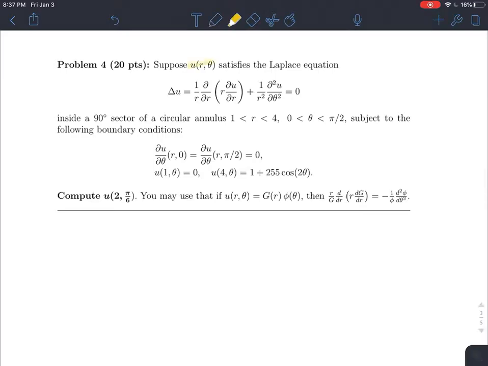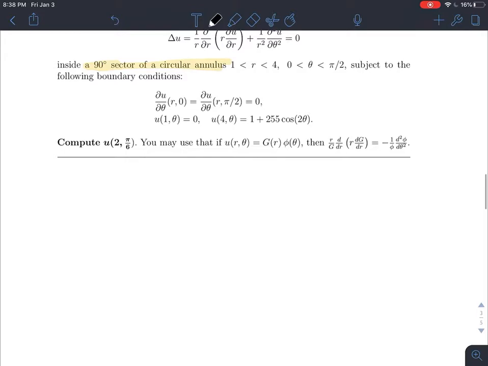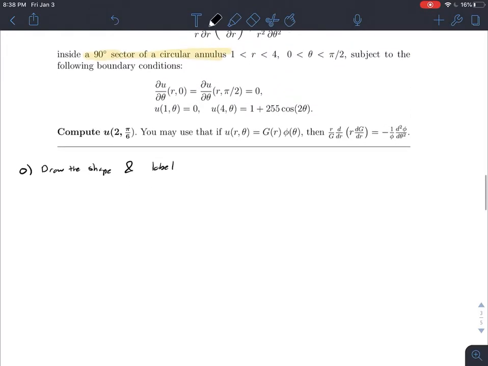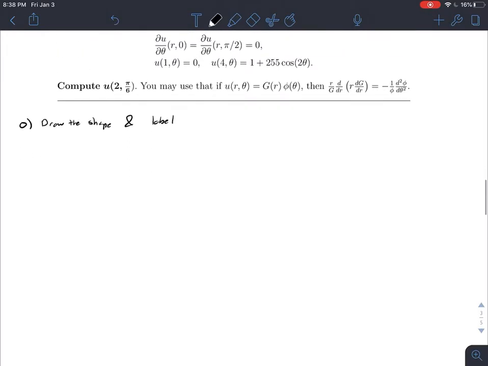We're told that we're supposed to find some function u of r, theta that satisfies the Laplace equation inside a 90-degree sector of a circular annulus. Step 0 on approaching these problems is to always draw the shape and label it.